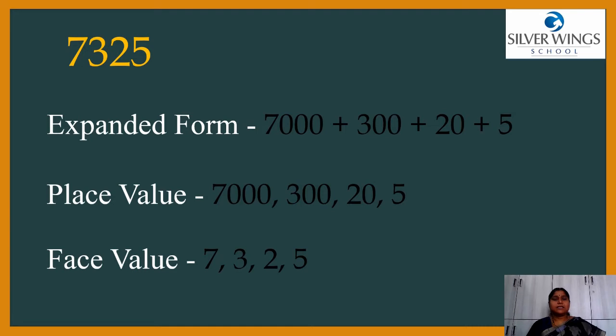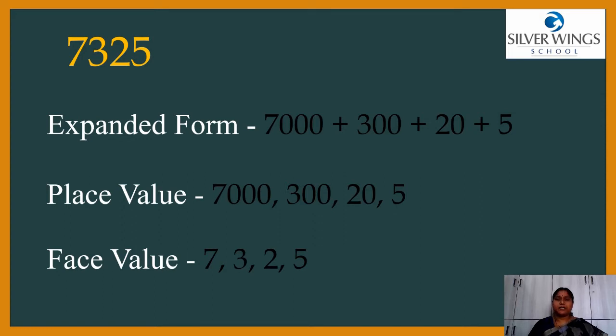Next, see, next topic, expanded form. How to write expanded form, and place values and face values. What is expanded form? Expanded form is the sum of the place values of every digit in the given number.